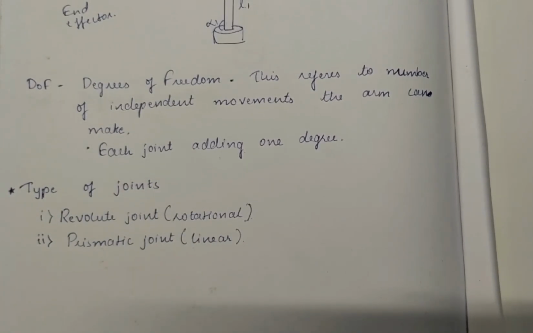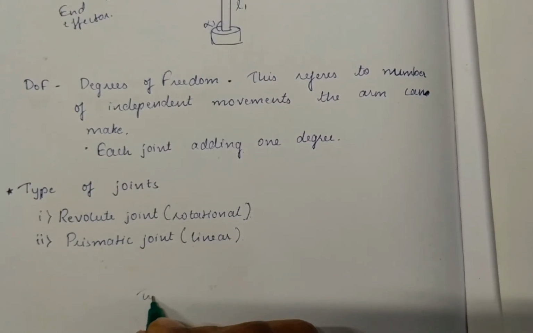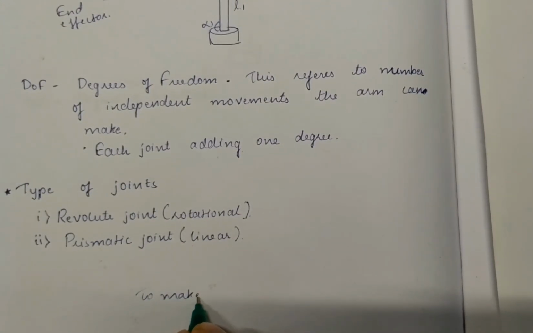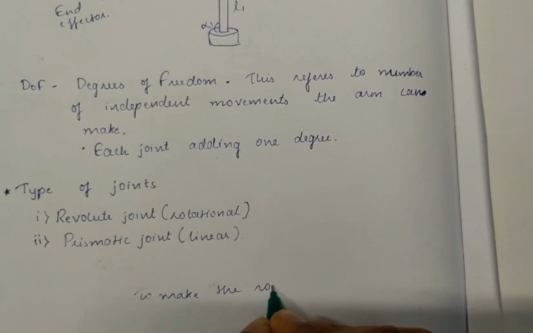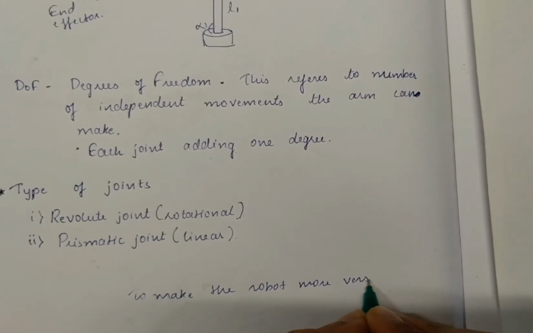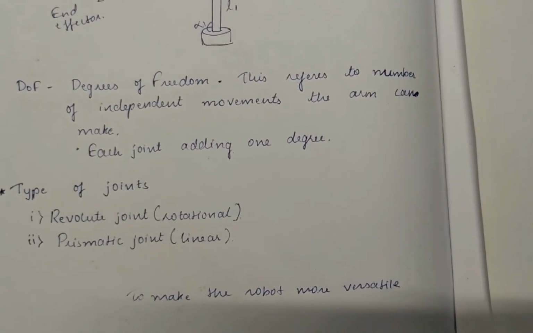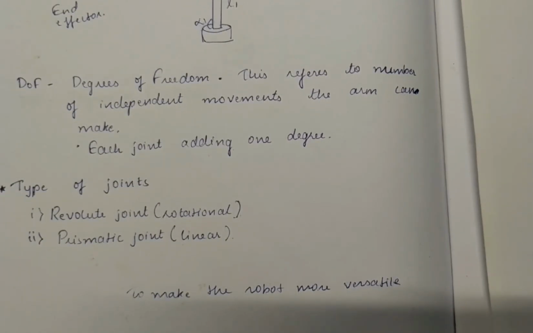To make robots more versatile, a robotic arm can have an increased number of joints and degrees of freedom, but it also adds complexity to the kinematics.